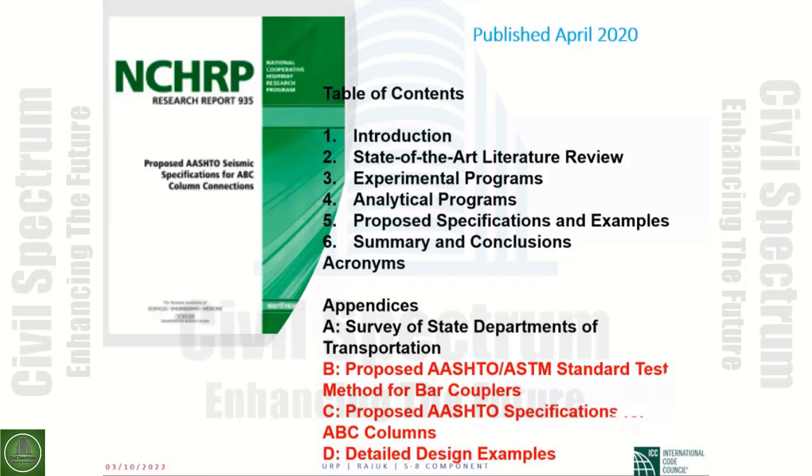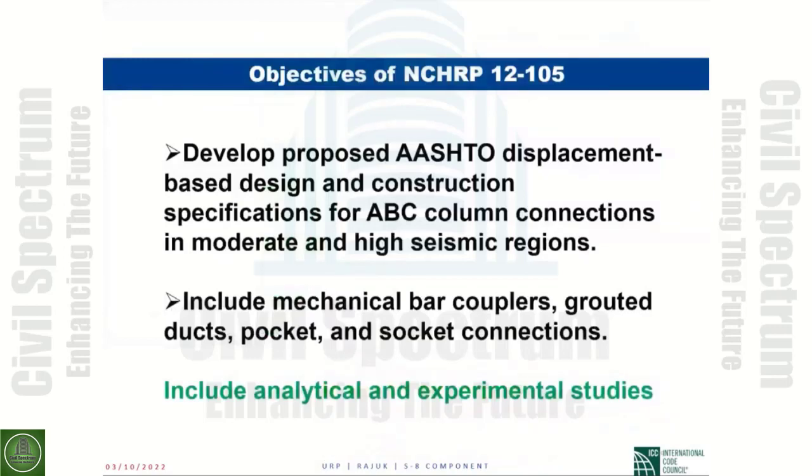In the previous topic one, I avoided the bar couplers, but in the NCHRP project, we brought those in and looked at how we can use them. Then we have the specifications, of course, that we developed, and there are 5 design examples included in our work.